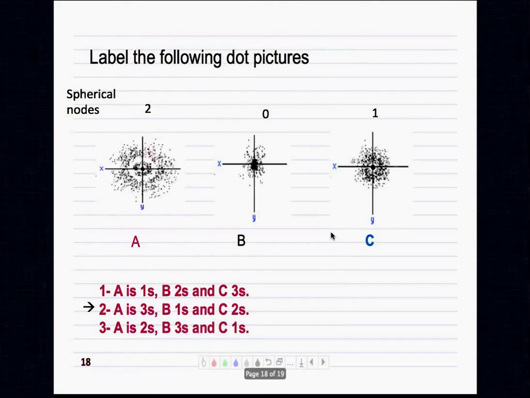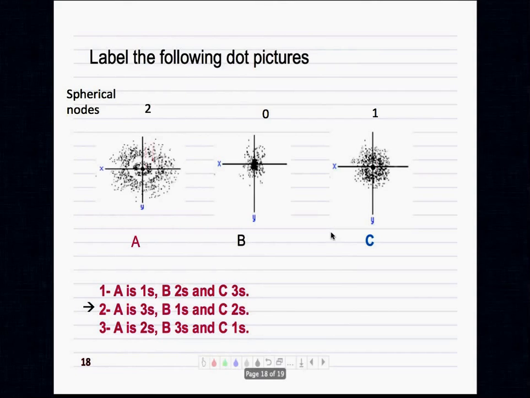So the way that you have to look at it, first you look at the first one, it's spherical, so definitely it's not p, not d, not f. It's definitely an s. You look at it to have 2 spherical nodes. We know that the number of spherical nodes equals n minus 1. I have 2, so n equals 3.